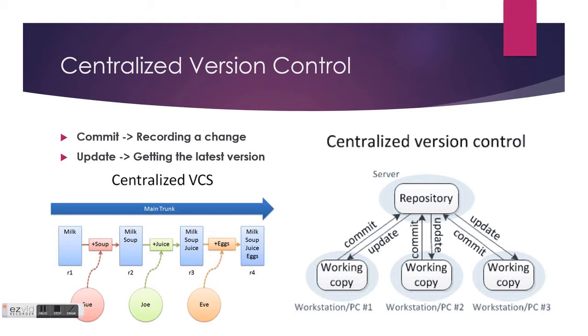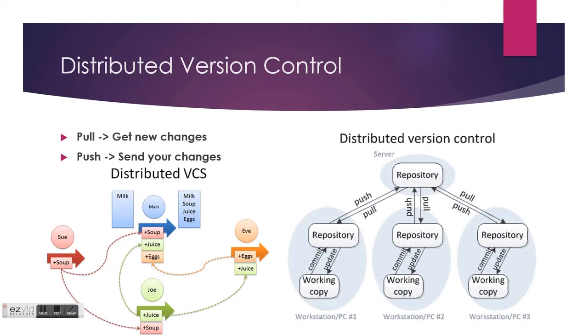This is not used anymore because distributed version control practically ran over it. But we can see an example here of a repository that only has Mills on it. So Stu modifies that repository, afterwards, Joe modifies it, after Eve modifies it, and we can see there are different versions of the repository with the changes made to it.